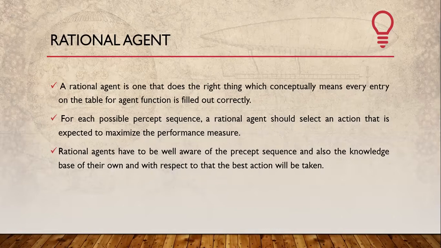And that's what is expected when we are going to make agents artificially. So what is expected is that in most of the scenarios the agent should always behave in an appropriate manner, and this can only happen if the table for the agent function is filled.